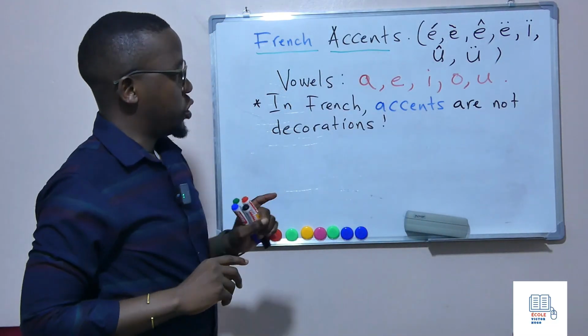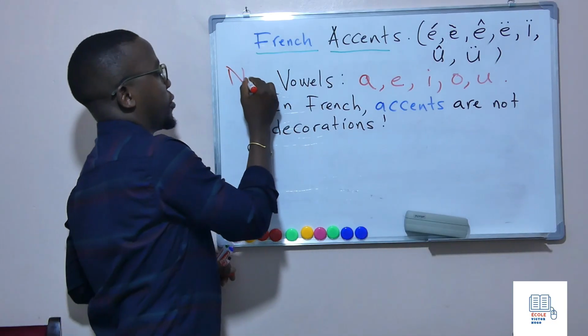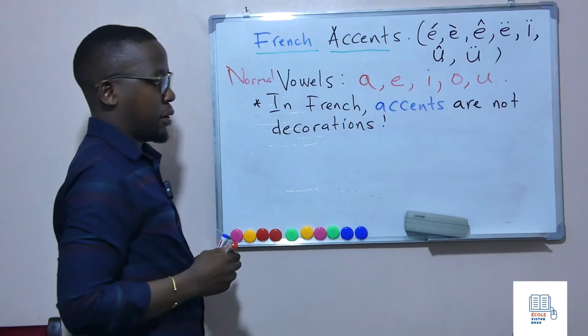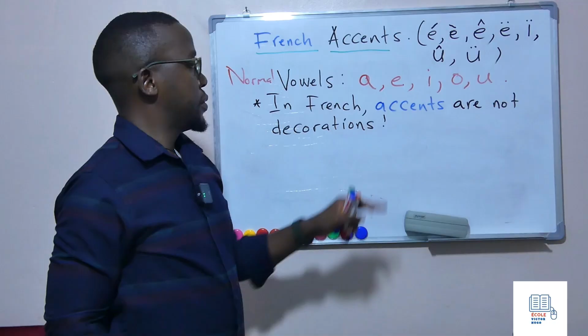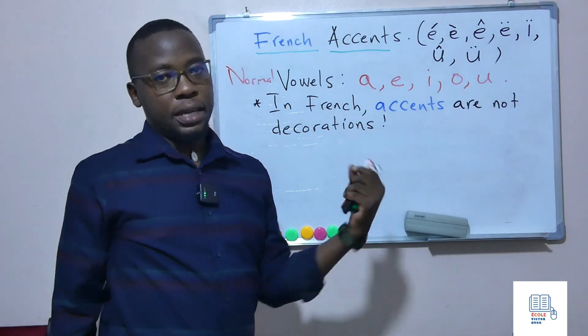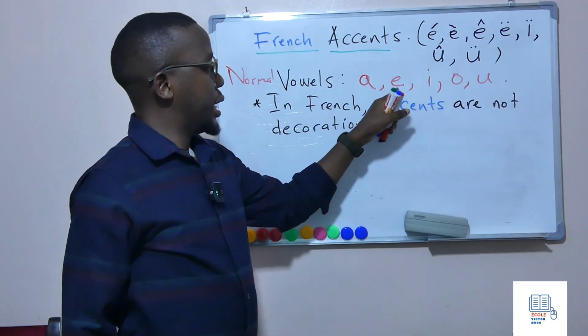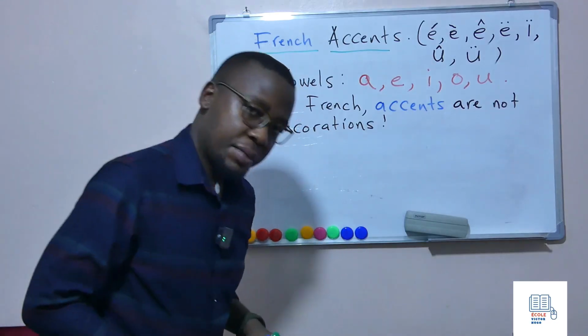Now, before we continue, let us look at the normal vowels. These are the normal vowels: A, E, I, O, U. That's how we read them in English. But the way we read them in French is different.